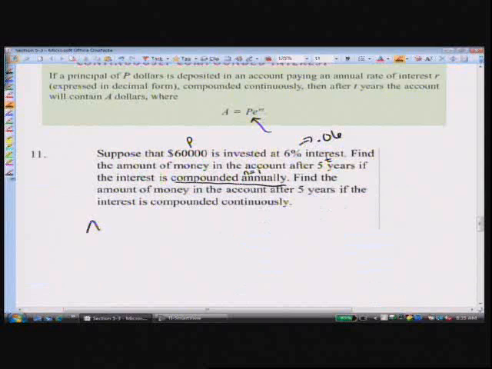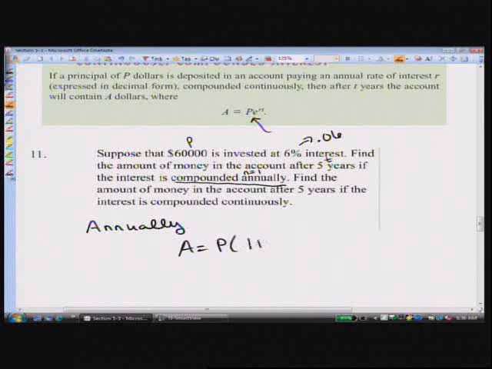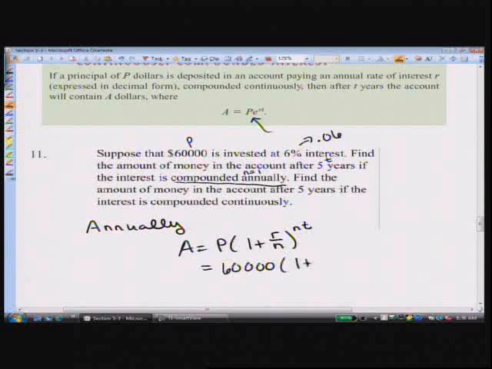Okay, so annually, you'll use your first formula. A equals P times 1 plus r over n to the nt. So here, your P is 60,000. And it's 1 plus 0.06 divided by n, which is 1, to the n times t, which is 1 times 5.